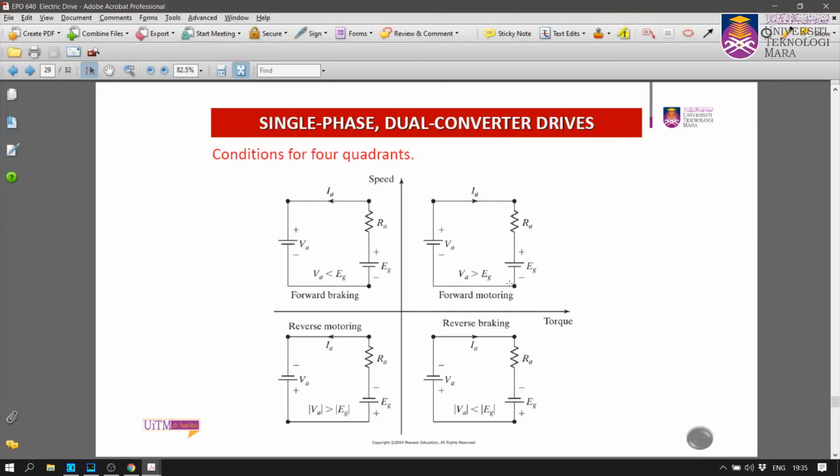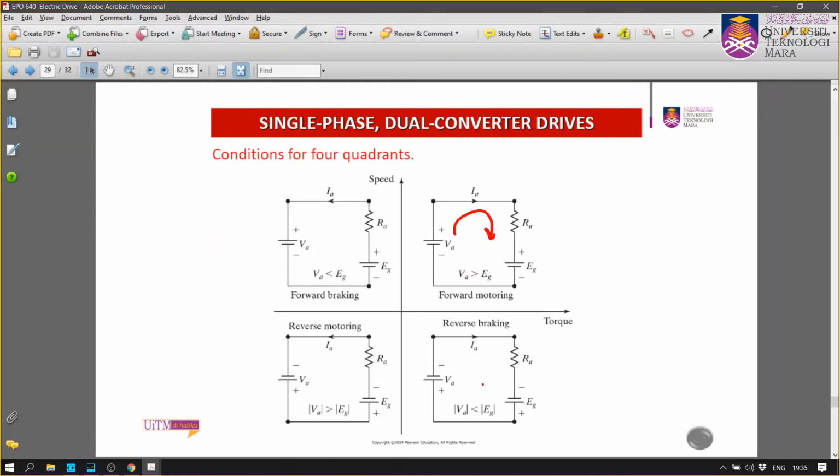Remember, you have this back EMF. So VA should be greater than EG, then the current will flow in that direction. And they must flow in that direction. Current will flow in that direction. So in this case, same here.